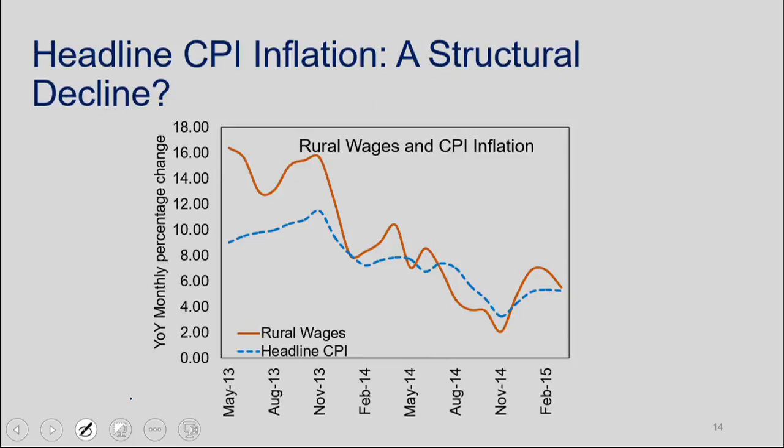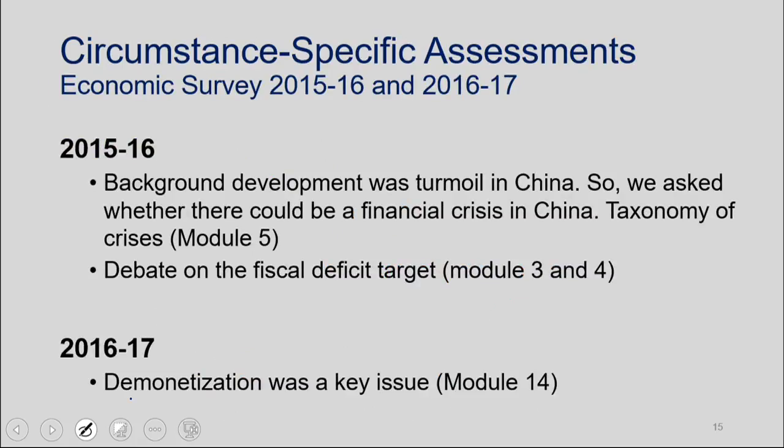Last year's survey focused a little on China and on fiscal deficits. The year before, and this latest survey, was on demonetization, which we'll come to in the last module. So these assessments will change depending upon the global economy, the domestic economy, and so on.